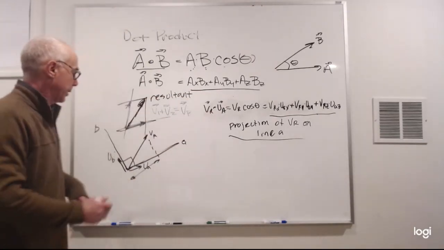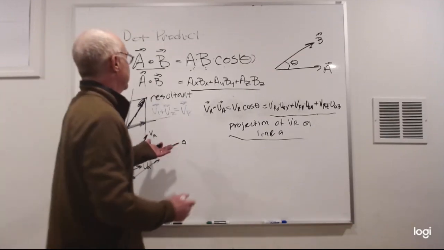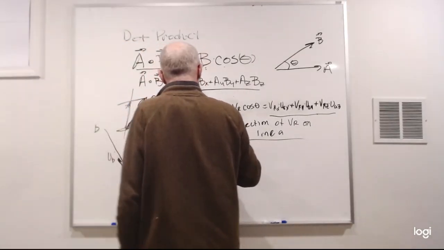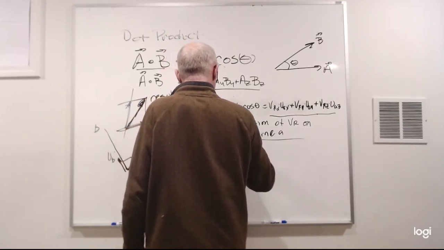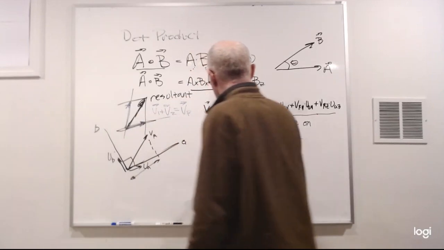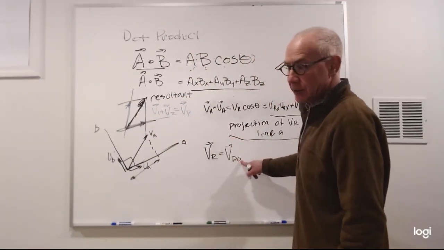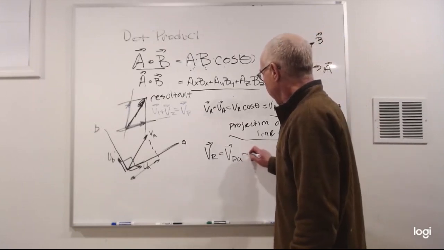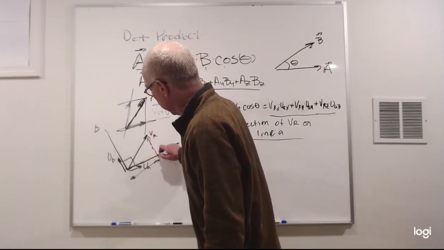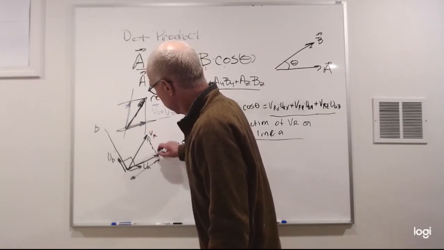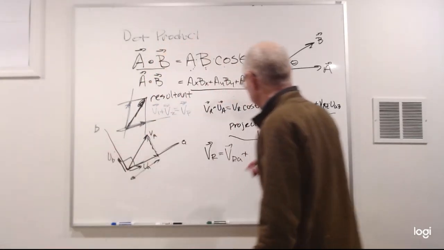You could apply the dot product and evaluate for another value of theta, but an easier way of doing that is to realize that vector VR equals VR projected onto line A plus that other vector. So remember our triangle rule. That's going to give us our VR value projected onto line B.